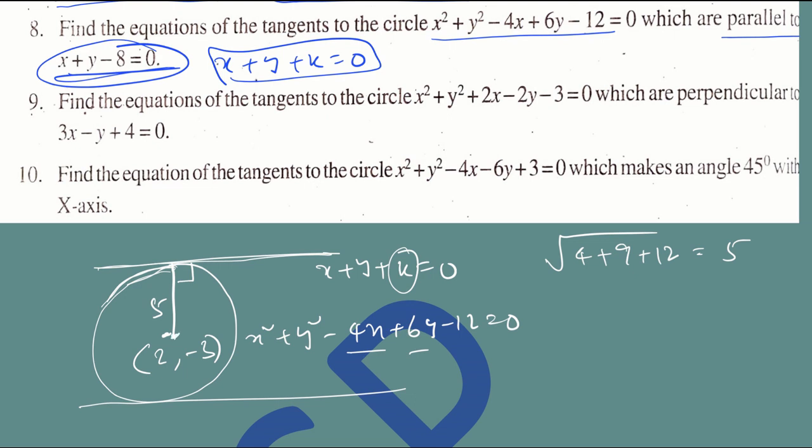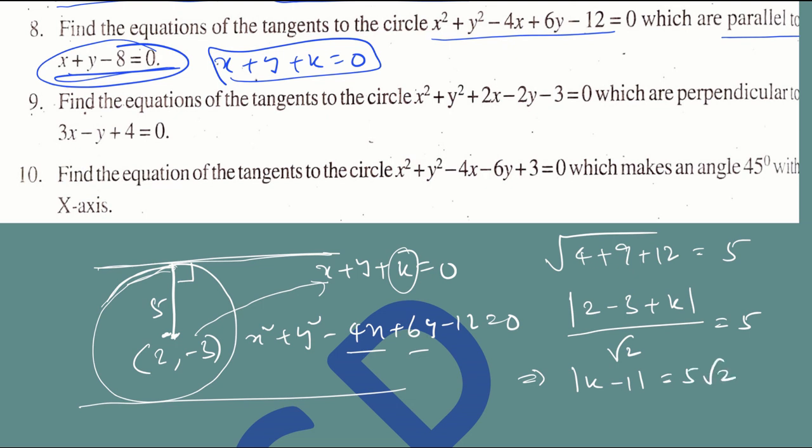So now apply the formula. Distance from the center to the line equals the radius. Applying the formula, I will get |2 − 3 + k| by root of a² + b² is equal to the radius. So from this I am getting |k − 1| = 5 root 2.